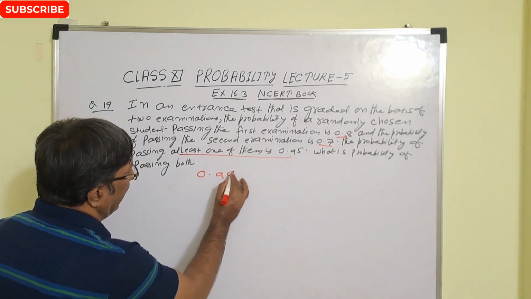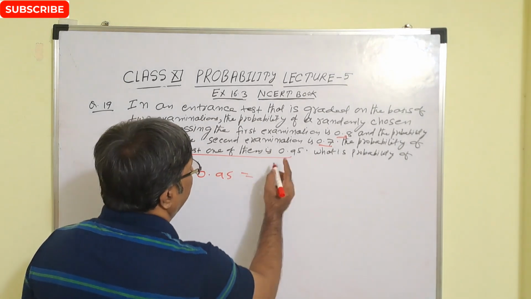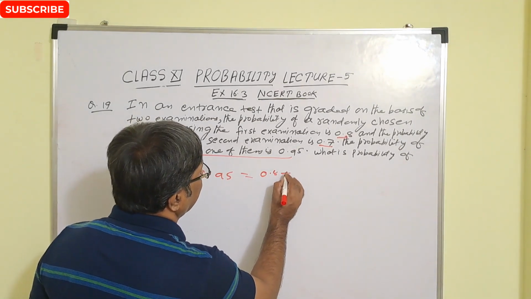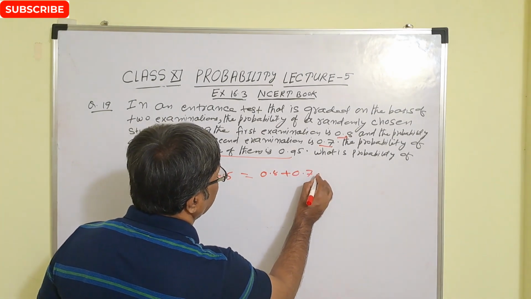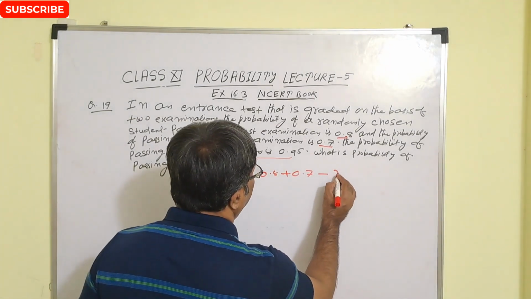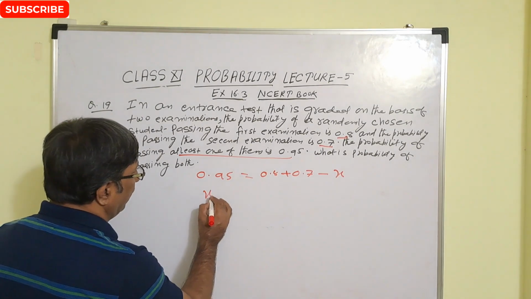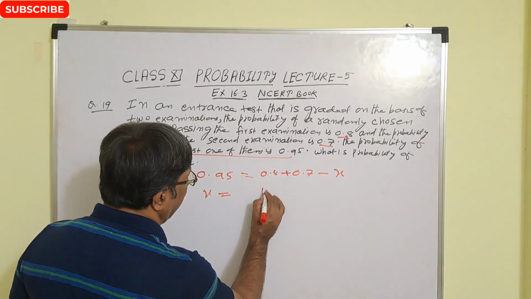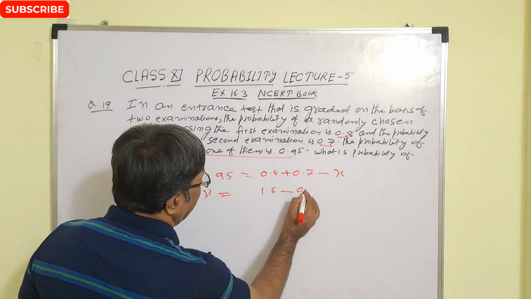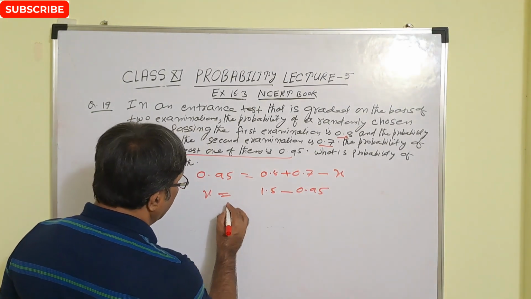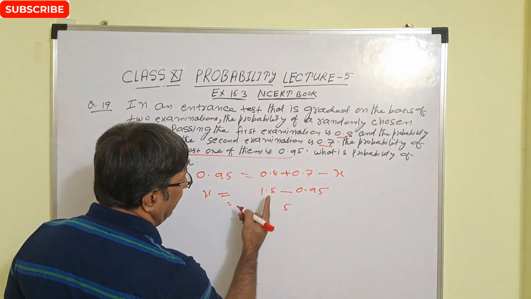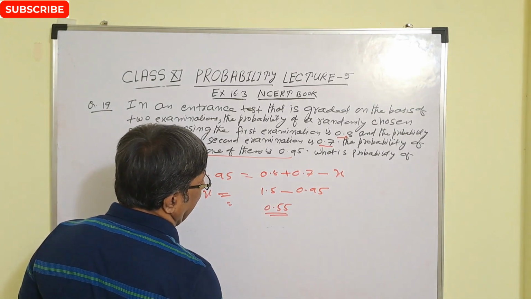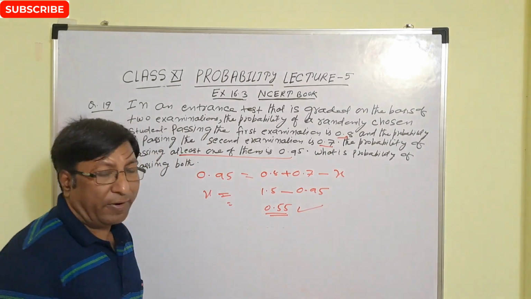So 0.95 equals probability of passing first, that is 0.8, plus the second, 0.7, minus both, which we have to find. So x equals what? x equals 0.8 plus 0.7 is 1.5, minus 0.95. So 10 minus 5 is 5, and 14 minus 9 is 5. So our correct answer is what? 0.55.